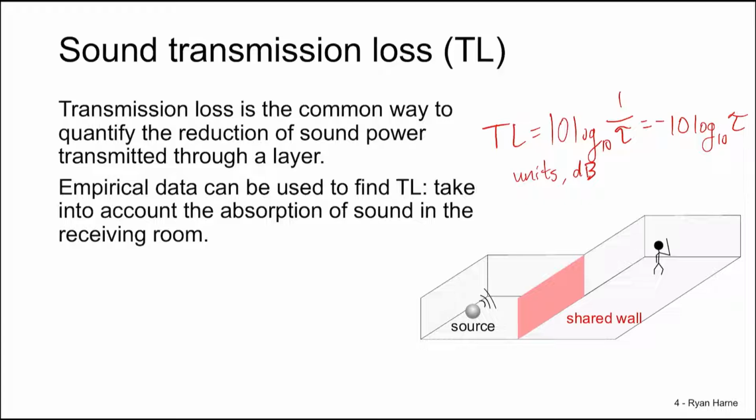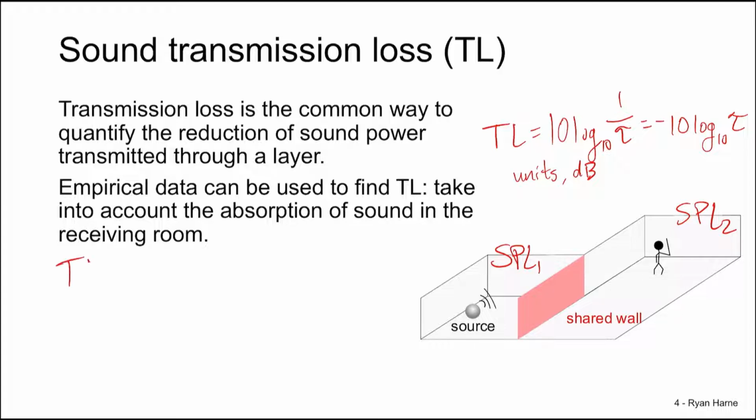Empirical data is often used to find the transmission loss, and it takes into account the absorption of sound in the receiving room. So if we have a sound source, and in this room we create sound pressure level 1, and we measure sound pressure level 2 in the receiving room, we can compute the transmission loss.